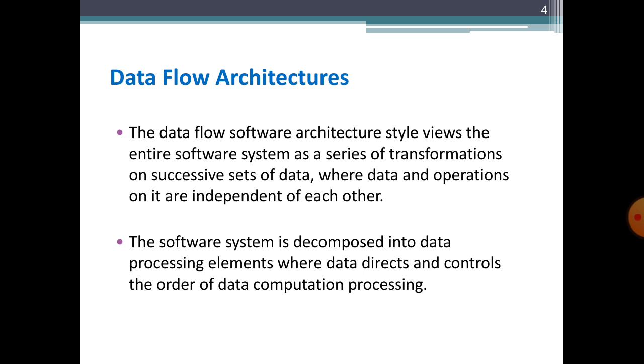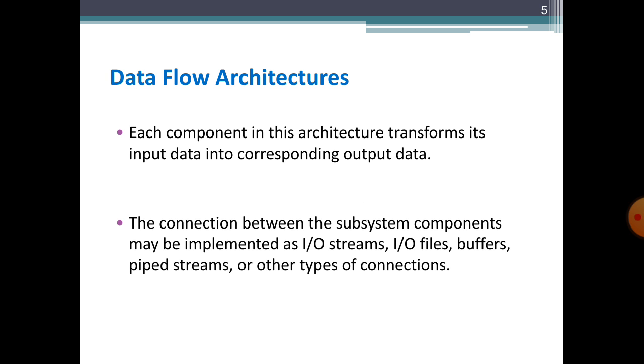Each component in this architecture transforms its input data into corresponding output data. The connections between subsystems and components may be implemented as input output streams, input output files, buffers, pipes, streams, or other types of connections.